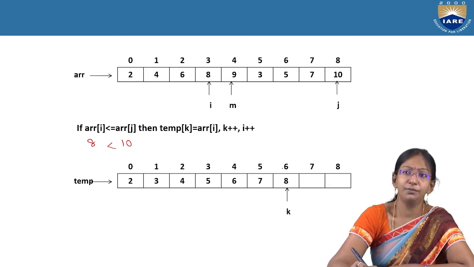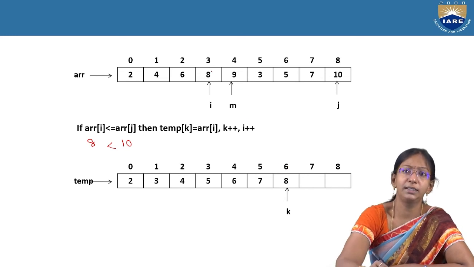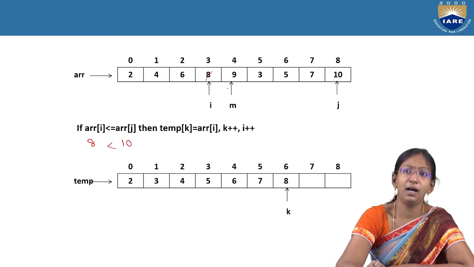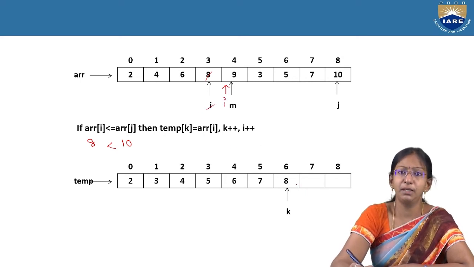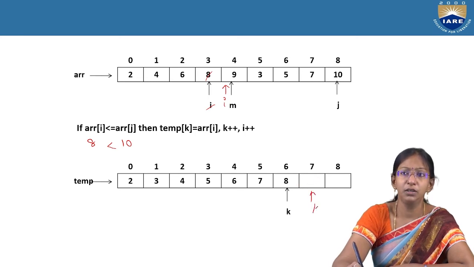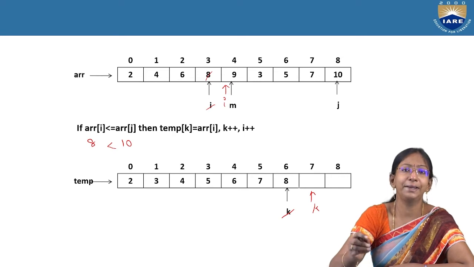So as I have copied and used the content 8, I'm going to increment i. Okay, and as the vacant place in k has been filled, I have to increment k to get the next slot where I can fill it with some data.